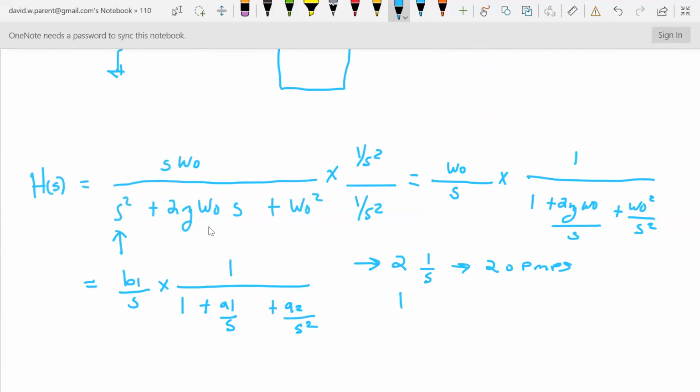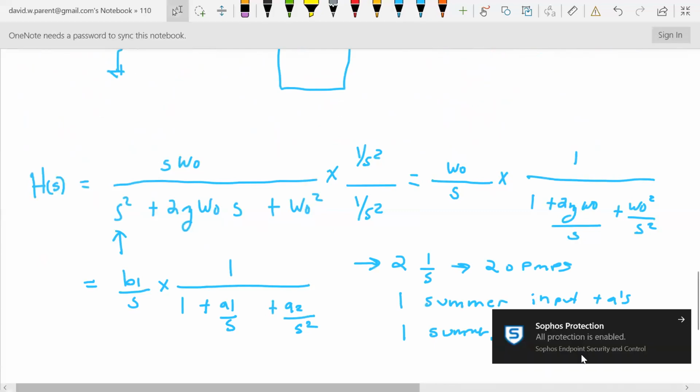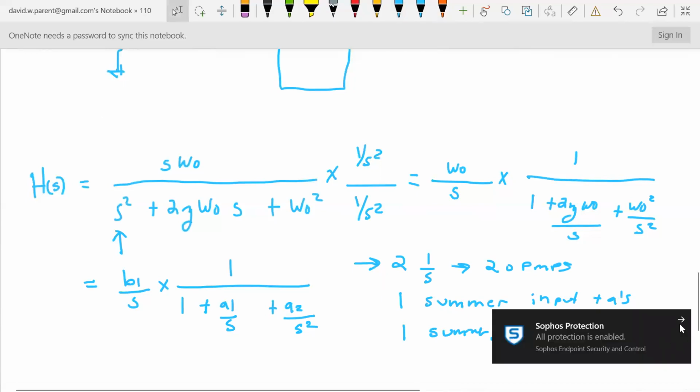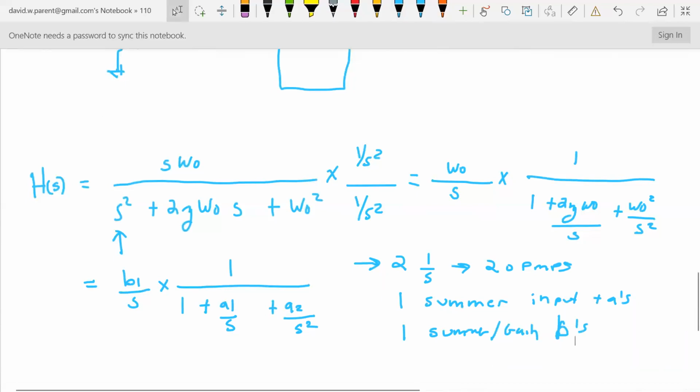We need 1 summer for input plus the A's and 1 summer slash gain for the B's. So that's 2, 3, 4 op amps.